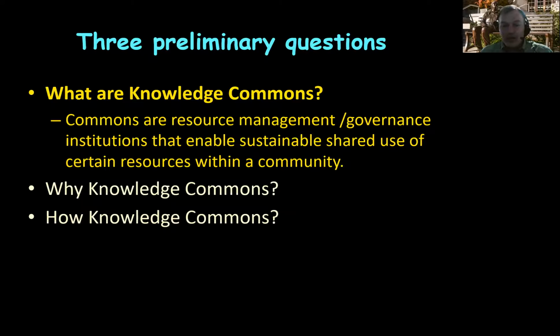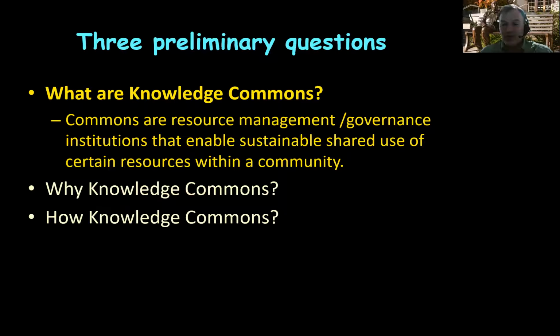So commons generally refers to a form of community management or governance. It applies to resources and it involves a group or a community of people. But commons is not a resource. It's not the community or a place or a thing. Commons is the institutional arrangement of these elements.